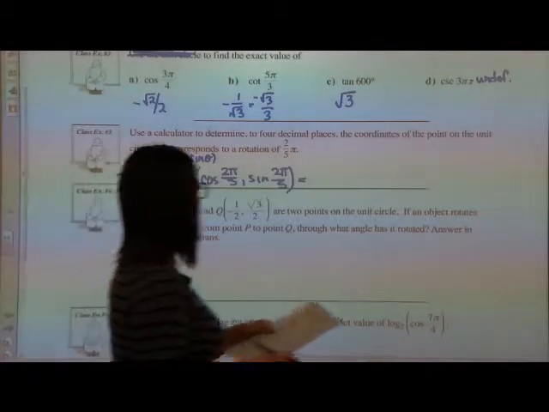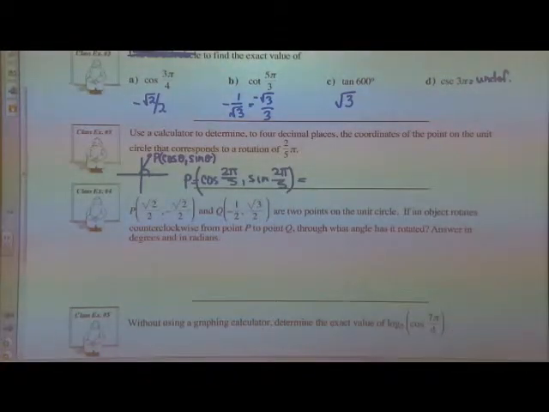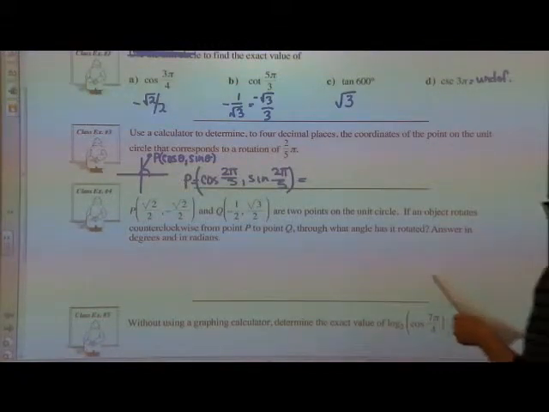What do I get when I type in cosine 2 pi over 5? When you have an answer, yell it out.